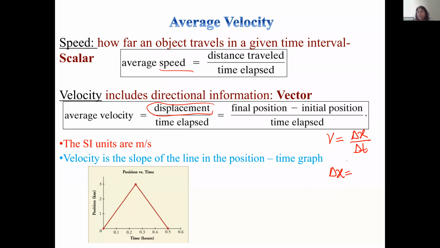Change of x is delta x, that is your final position minus initial position. That is what the displacement is. Now the units: displacement divided by time, displacement measured in meters, time measured in seconds. The SI unit will be meters per second for both speed and velocity.